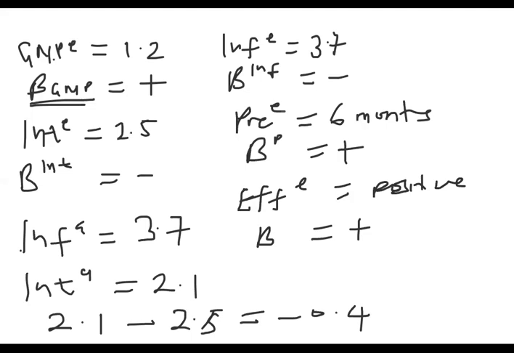Negative, because they had a negative relationship. So negative 0.4 times a negative coefficient will give what? A positive. That means at the end of the day, interest rate will have a positive impact on the return of Lewis, because it's negative 0.4 multiplied by the negative beta, which gives you positive. So once it's positive, it means it's going to increase the return on Lewis.